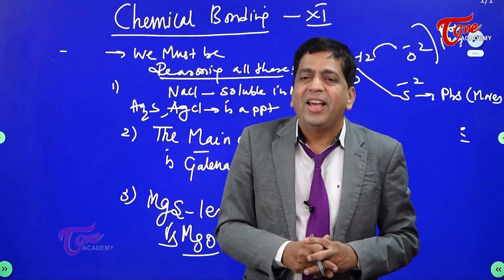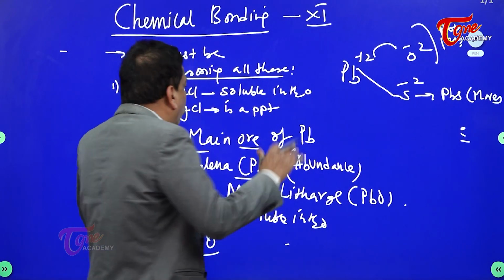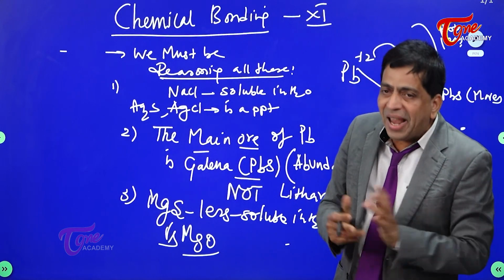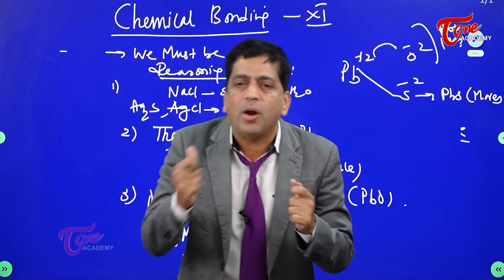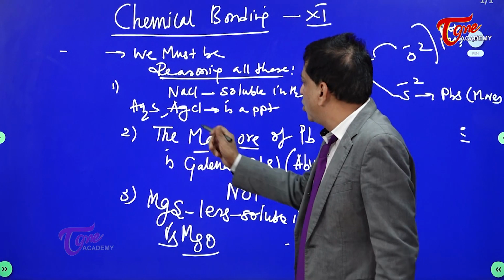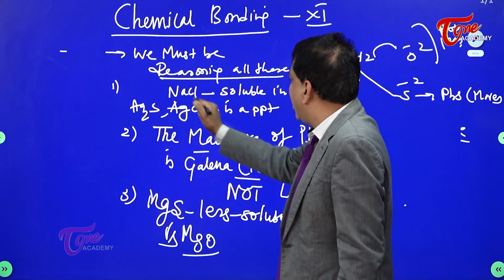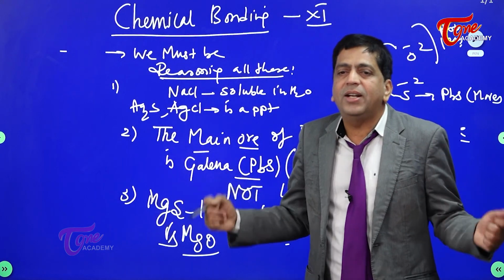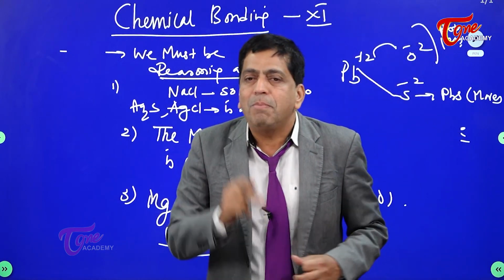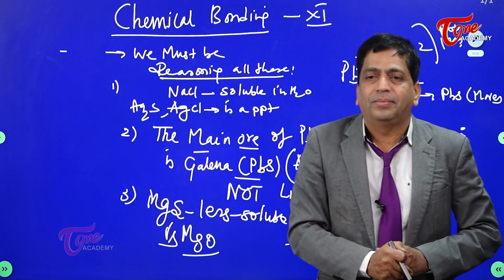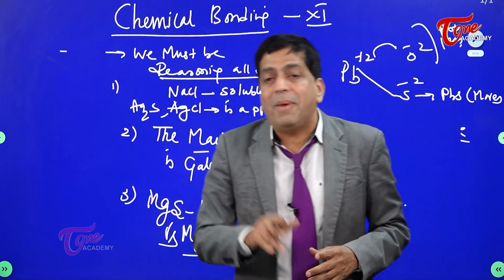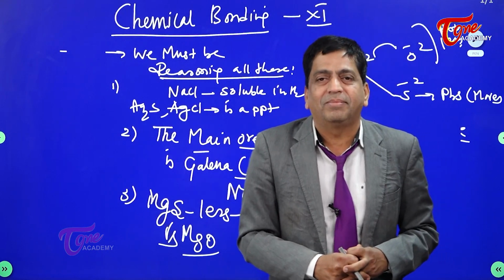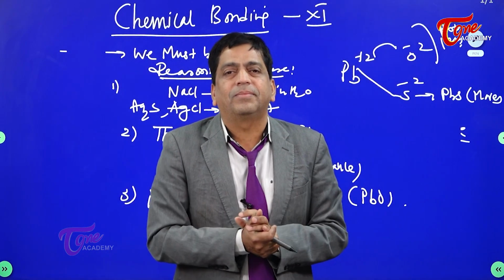Look at all this. Whether it's reasoning 1, 2 or 3, we are dealing with a metal and a non-metal. Everywhere it's a metal and a non-metal, so it must be ionic, and they must be showing ionic characteristics. It's not the case.